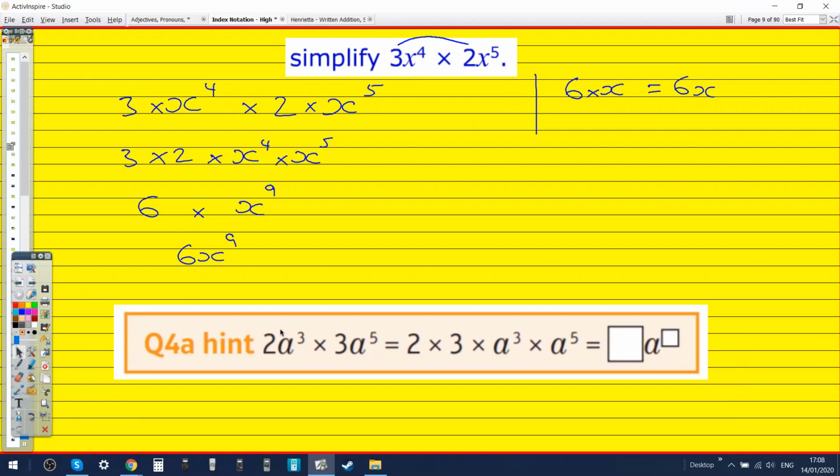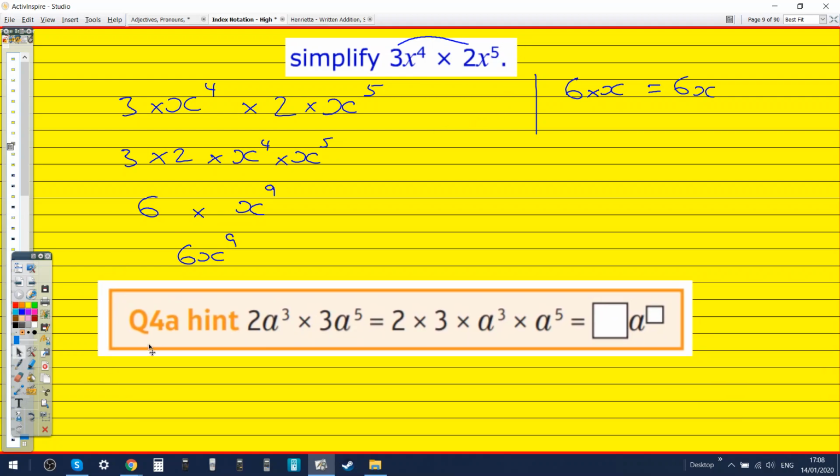So try the quick way for this one down here. Okay. So it's 6 a to the 8. Well done.